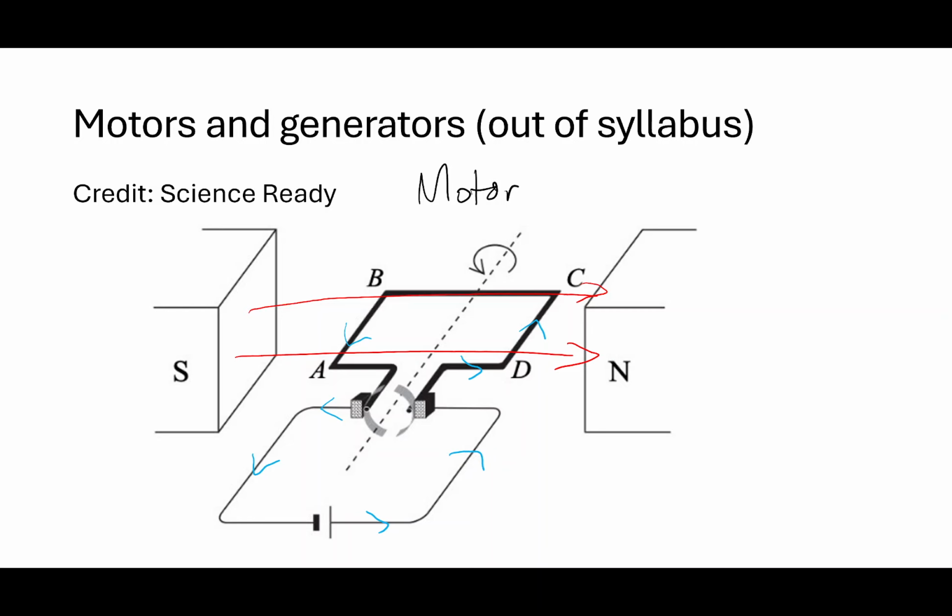Because of the right-hand slap rule, which we use to find the direction of force on a current carrying wire in a magnetic field, we find that there is a force going down here and a force going up here.